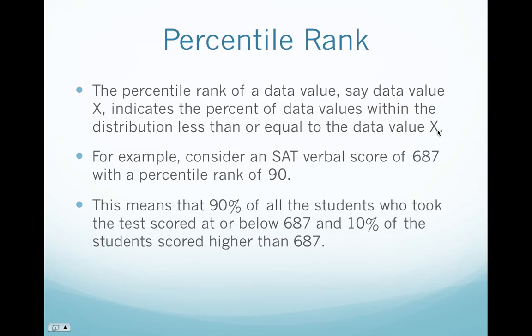It's never greater than the data value x. So if a child is 48 inches and their height is at the 90th percentile for their age group, it would mean that 90% of other children his or her age have heights less than or equal to 48 inches.